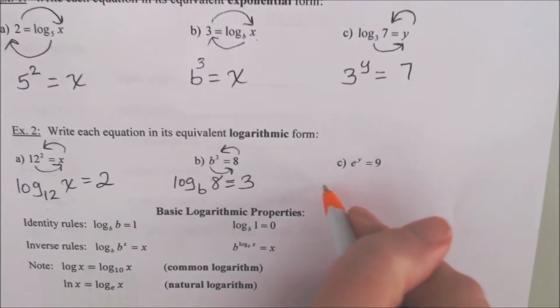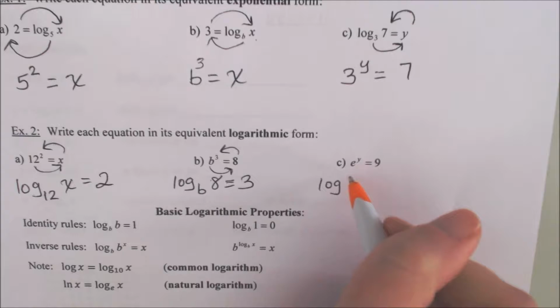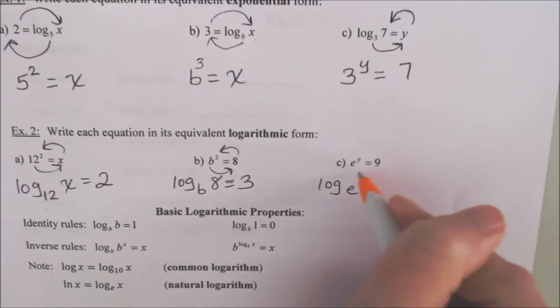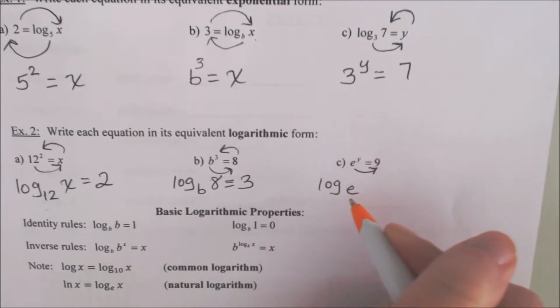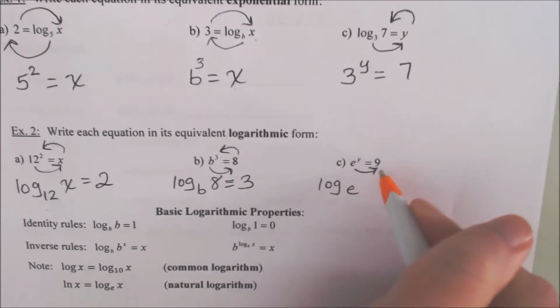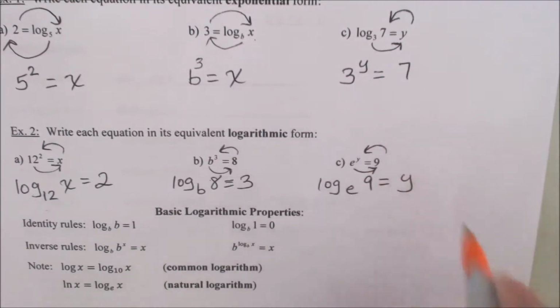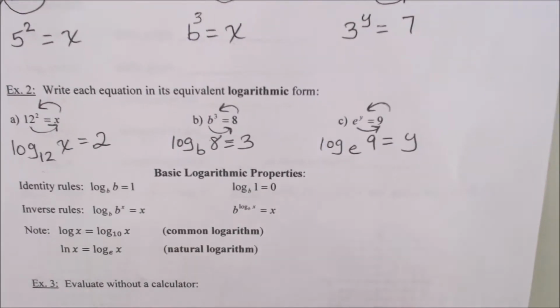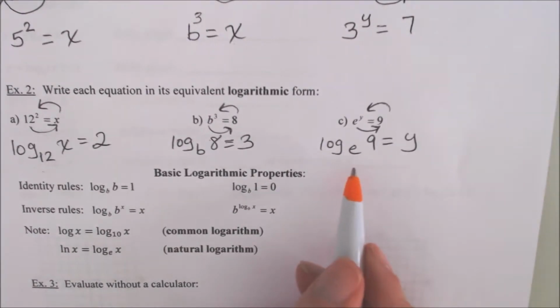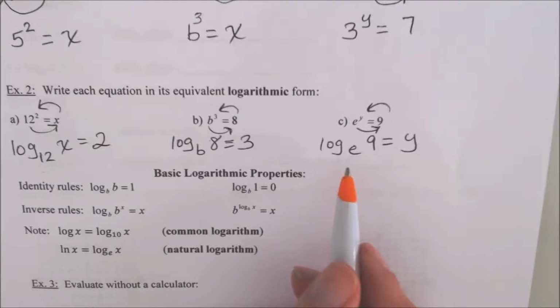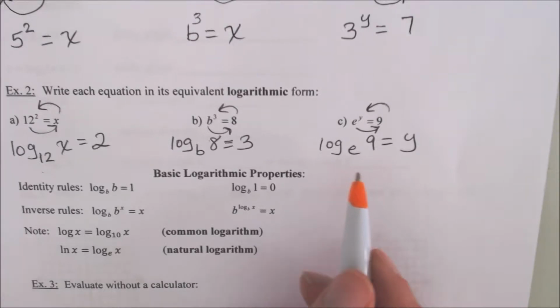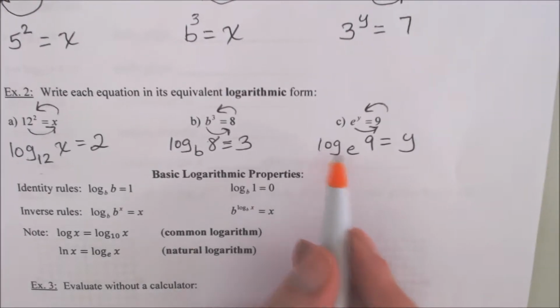The last one, start with log, the base is e, of the other side, 9, equals the exponent, y. So this is log base e of 9. Now normally, remember we talked about e the other day. E was that natural exponent, 2.718 something. We normally don't write log base e.